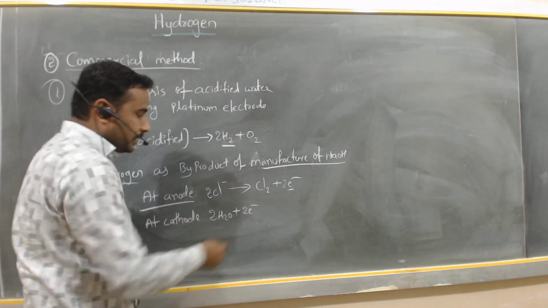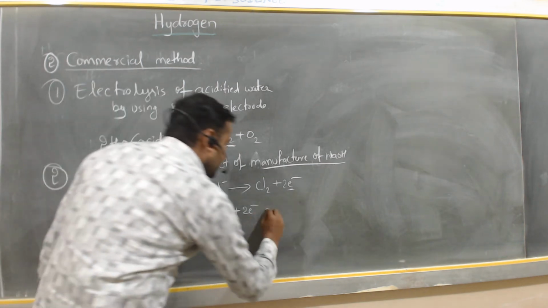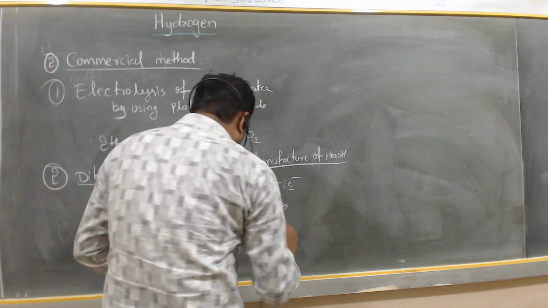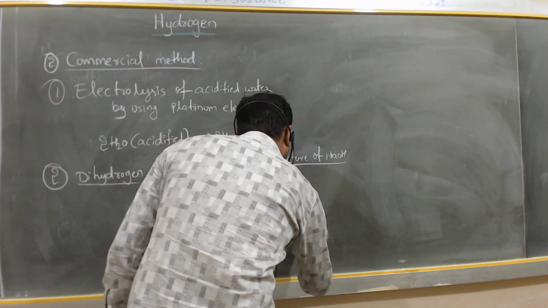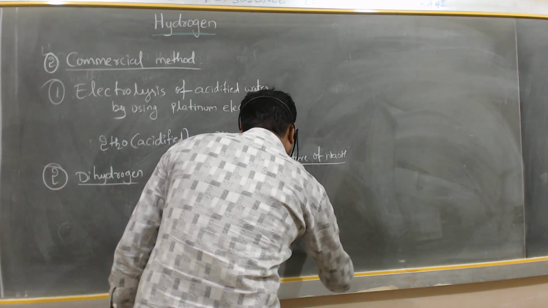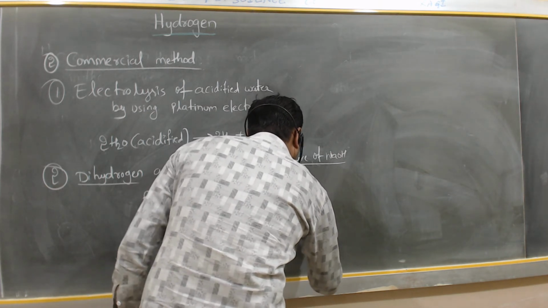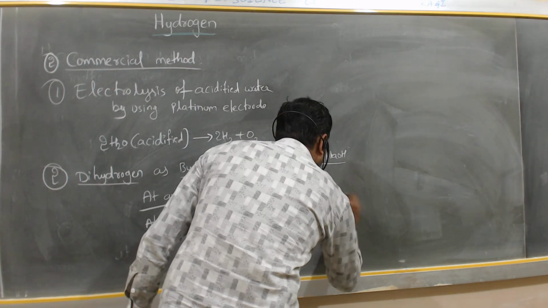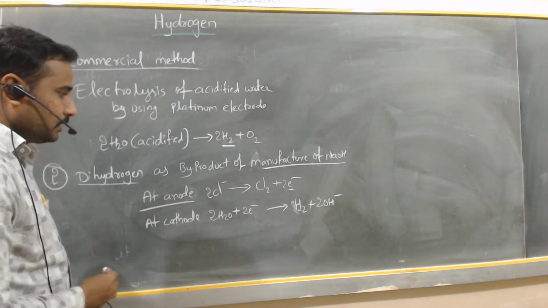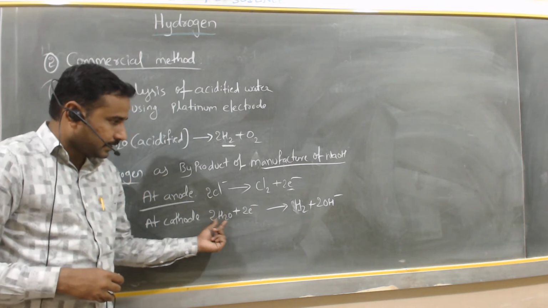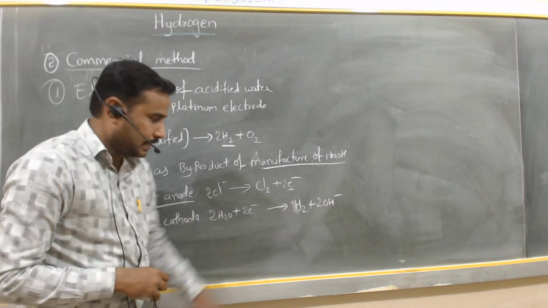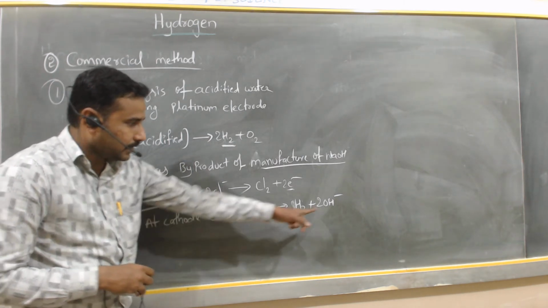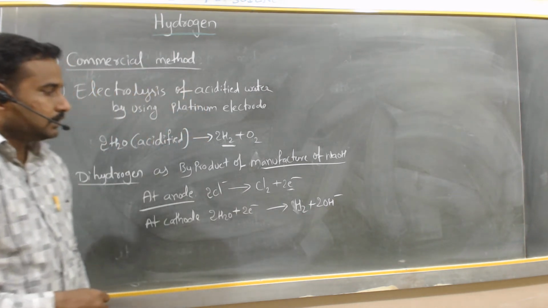Then it produces H2 plus 2OH minus. Now balance this one. Here 4 hydrogens, and here 2 and 2, so it is balanced. How many oxygen atoms? 2 oxygen atoms here, and here also 2 oxygen atoms. So this is a balanced reaction.